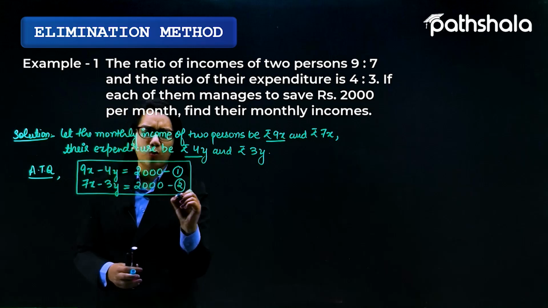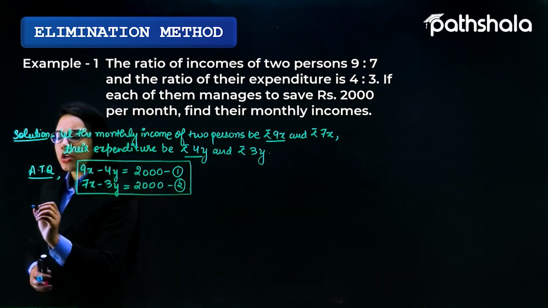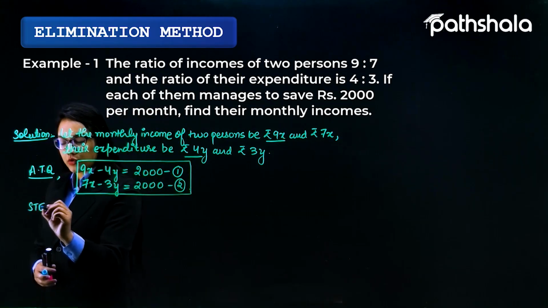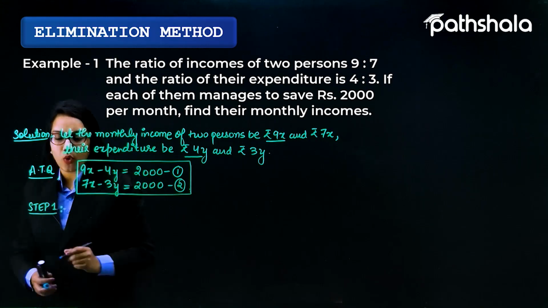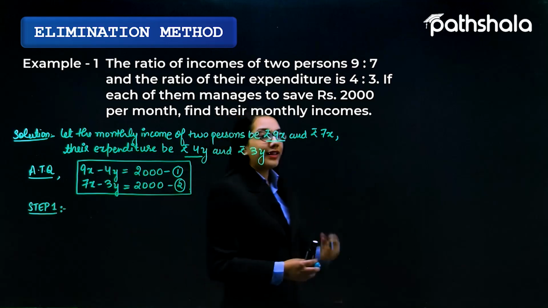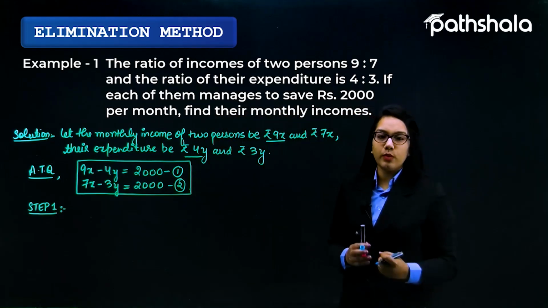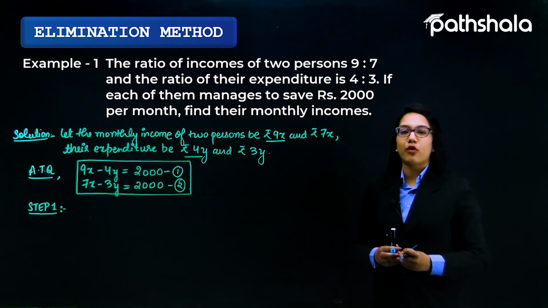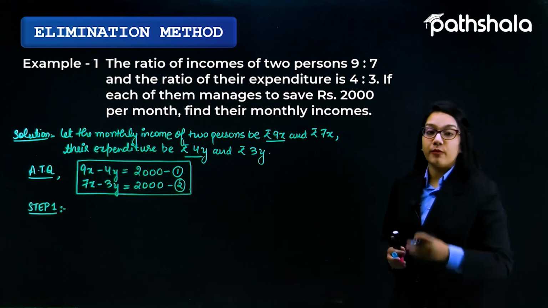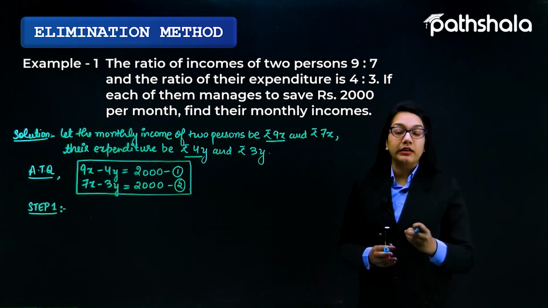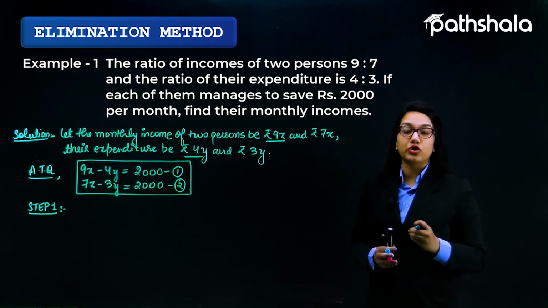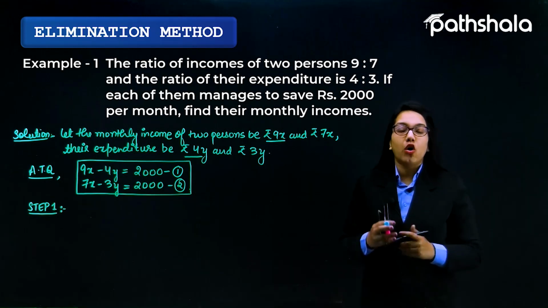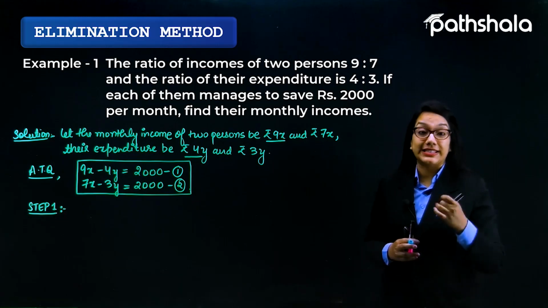So first of all, what is the elimination method? We are starting with the steps. Let me start with step number 1. In the elimination method, always remember, whenever we have a pair of linear equations, we have to make the two coefficients of either the variable x or the variable y the same.